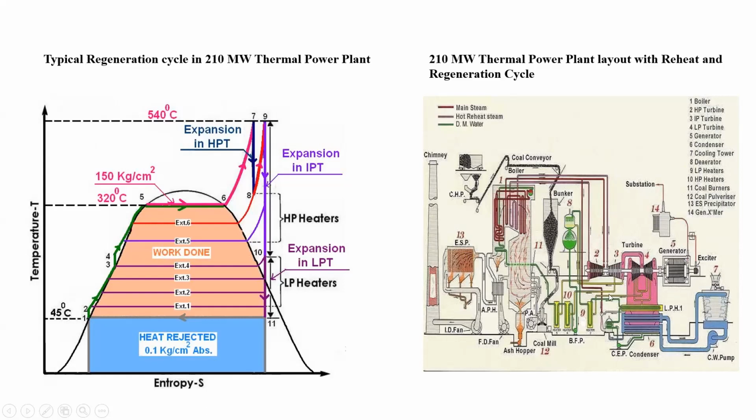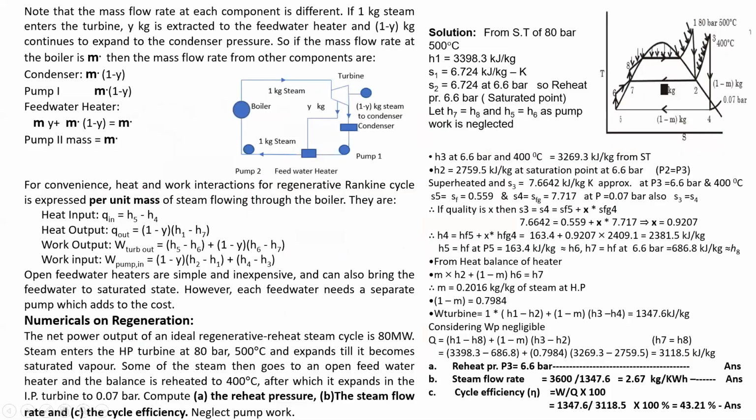So these are the extraction lines for 1, 2, 3, 4, 5, 6. You can just observe it, and then after heating in these feed water low pressure heaters and high pressure heaters, they are taken to the boiler through the economizer for again steam generation. This is about the regeneration cycle.